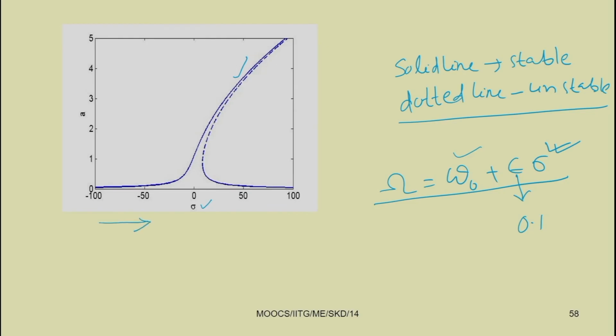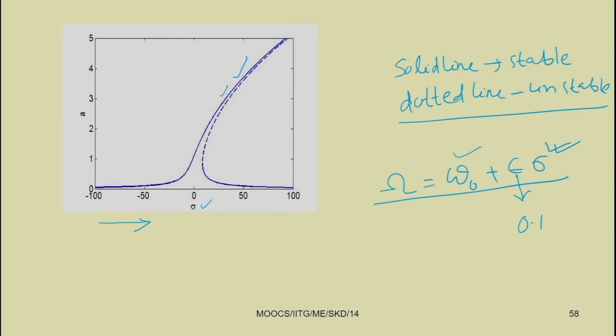If you sweep up the frequency, the response amplitude A goes on increasing, and after some time the stable solution and the unstable solution meet at a certain point. Later we will learn that this point is a bifurcation point, known as the saddle node bifurcation point.